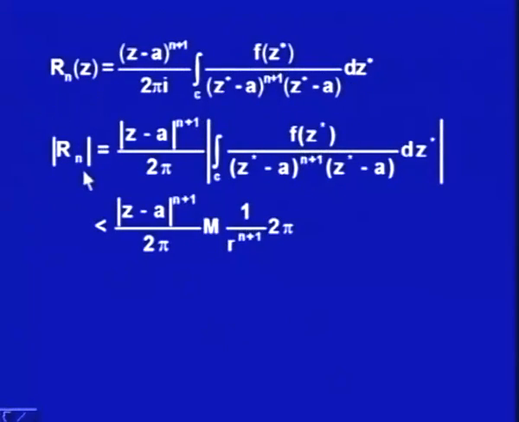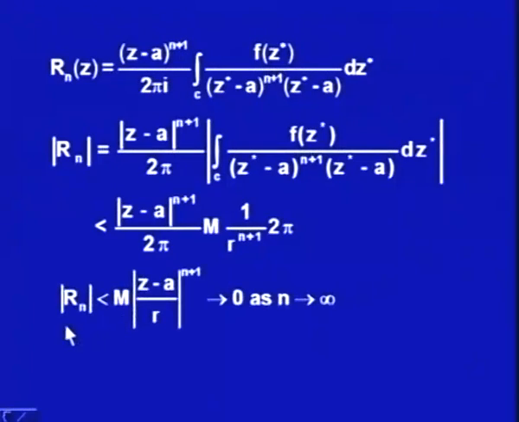So, let us consider the modulus of R_n(z), and this is modulus of this value divided by modulus of 2 pi i, which is 2 pi, and modulus of this integral, and this is written as M times 1 upon R^(n+1) into 2 pi, and this simplifies to modulus R_n is less than M times (modulus of z minus a divided by R) raised to power n plus 1, and this tends to 0 as n tends to infinity, because modulus of z minus a divided by R is less than 1, and as n increases, this power increases, and this is less than 1.